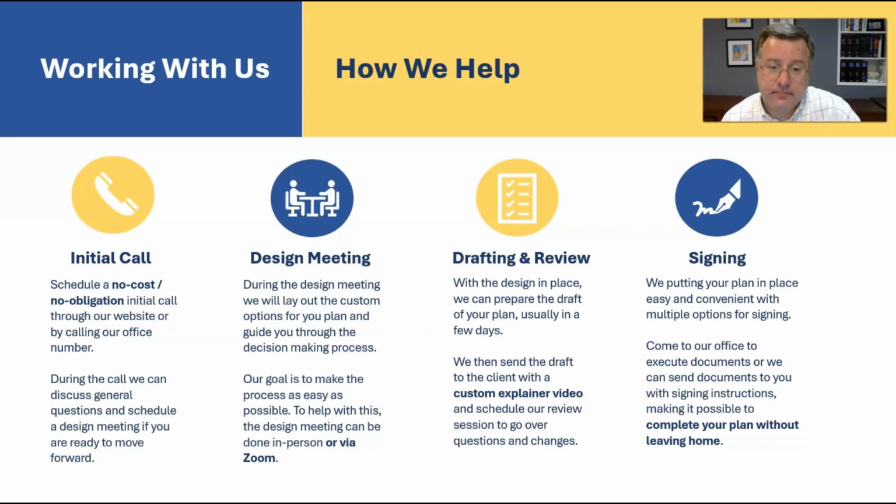At the end of the design meeting, we'll have a summary that lays out everything we're going to be doing in the estate plan and what documents we're going to be using to do that. And so once we've had the design meeting, we've got our blueprint for your overall estate plan.